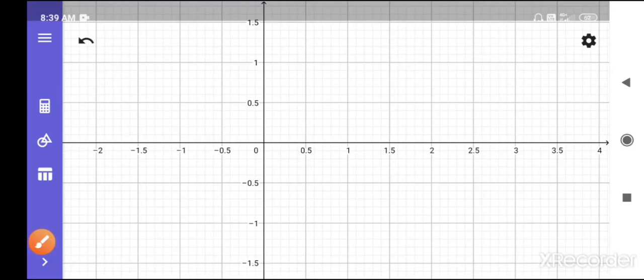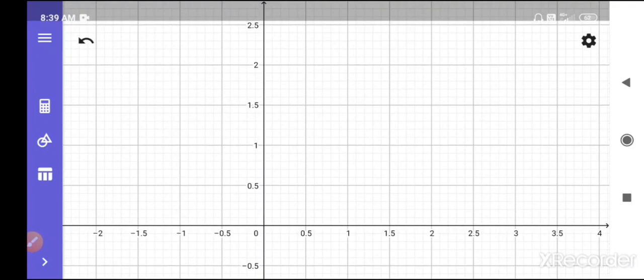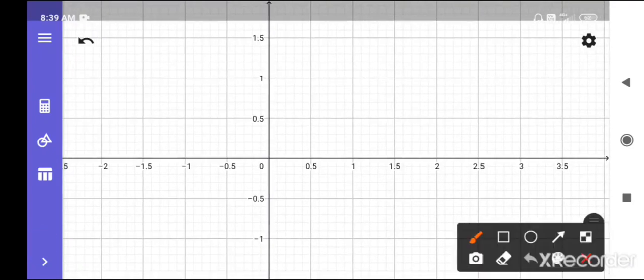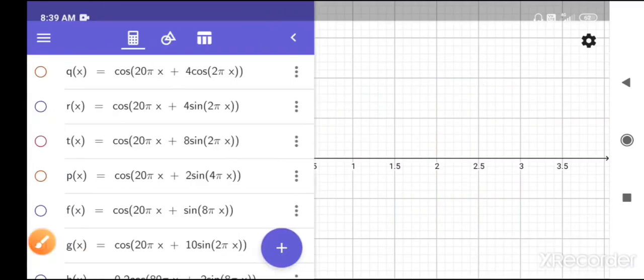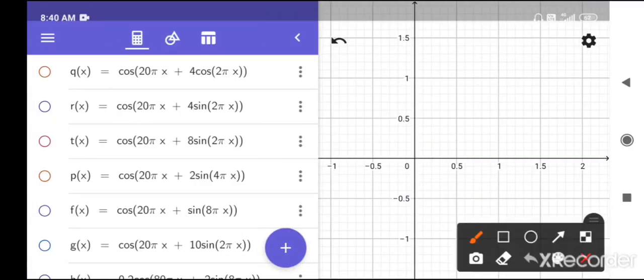Now we are going to see the FM wave for different values of beta. Beta is the modulation index, and it is the ratio of del f divided by fm. Del f is the frequency deviation and fm is the message signal frequency. Here we can see the beta value. Before we used 4, now we increase it to 8.